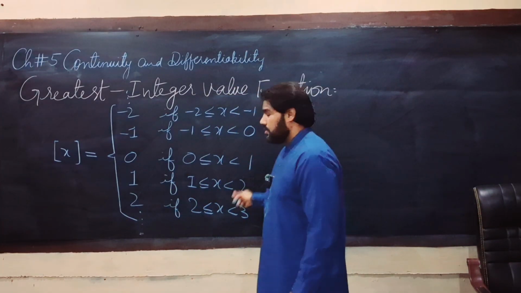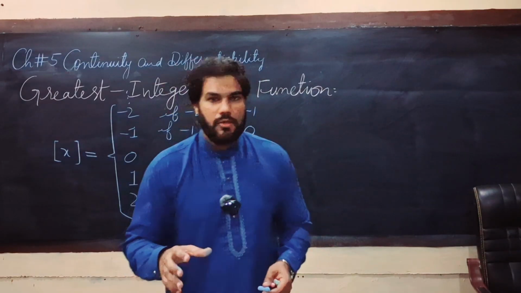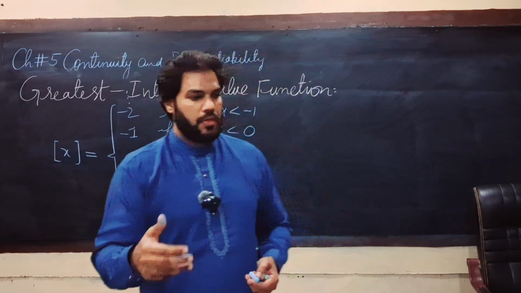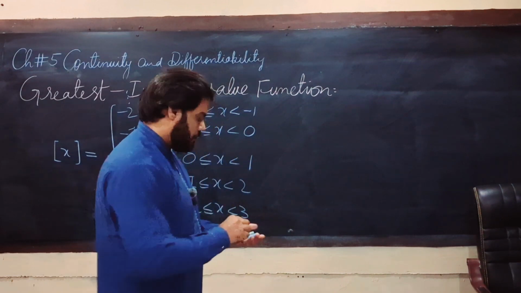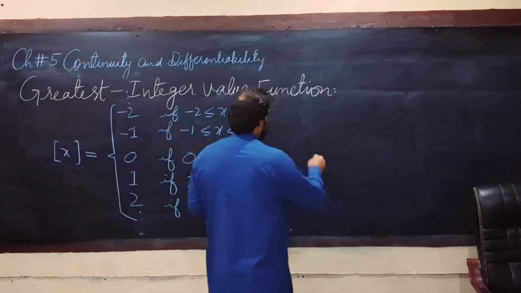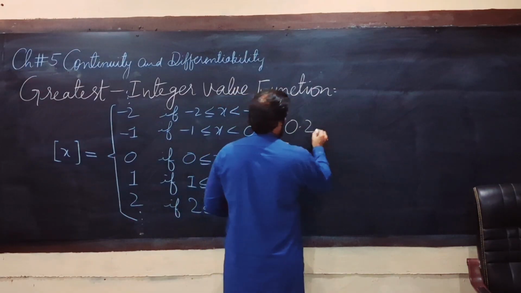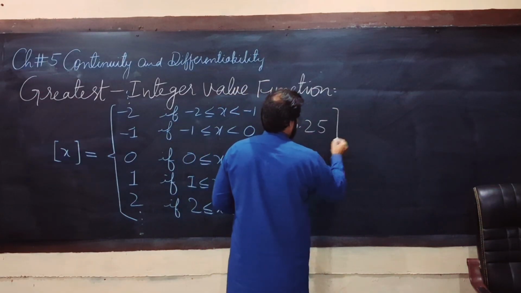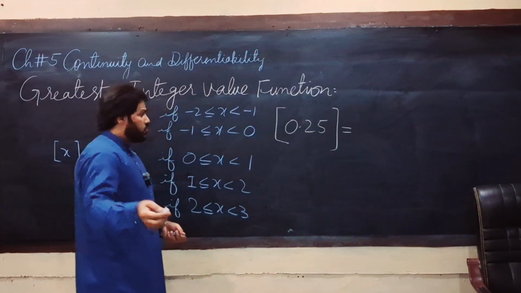Firstly, we discuss how we can find the bracket value of this function at some real number. For example, you want to evaluate the value of 0.25. How can you evaluate this value? There are two ways.